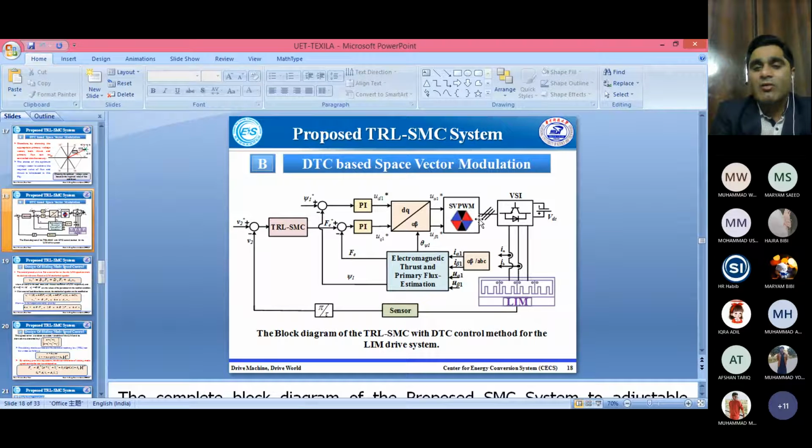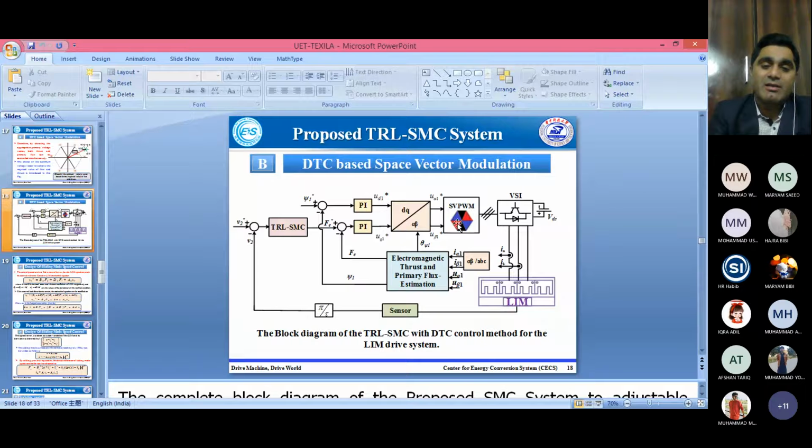We know how the inverter works on different pulse width modulation techniques, like SPWM or SVPWM. And nowadays a modern technique is used here, known as MPC, model predictive control.